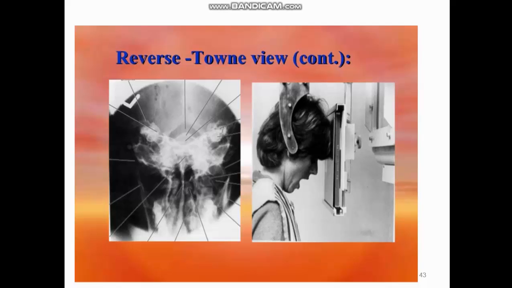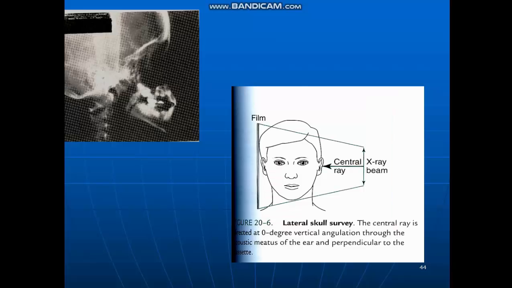Main indications of this position are high fractures of the condylar neck, intracapsular fractures of the temporomandibular joint, investigation of the quality of the articular surface of the condylar heads in temporomandibular disorders, and condylar hypoplasia or hyperplasia.